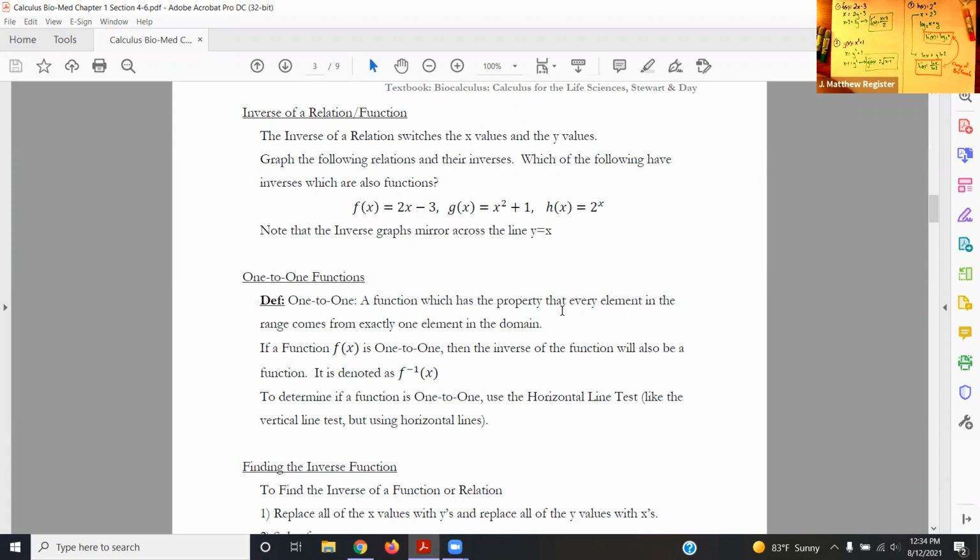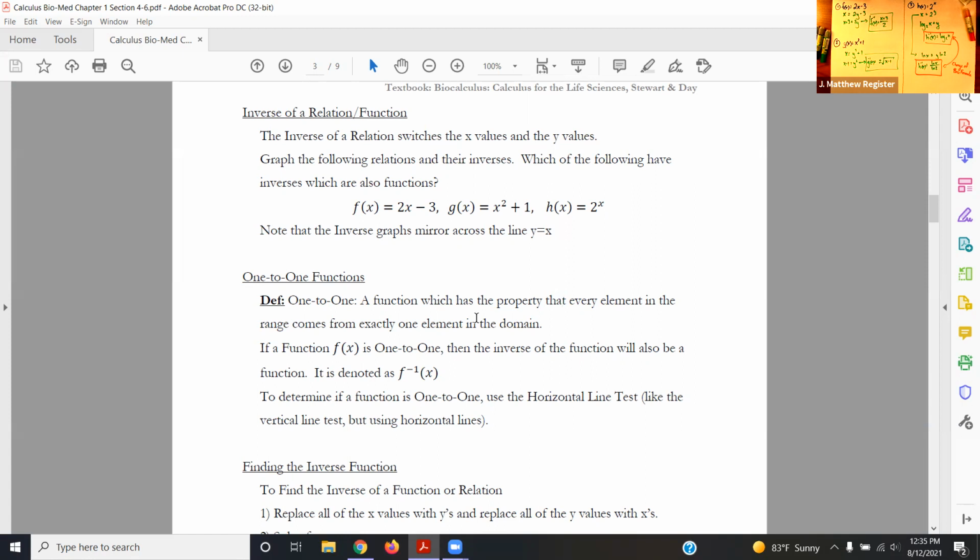This is kind of like the function definition, but flipped. And so this is basically saying that instead of passing a vertical line test, a one-to-one function passes a horizontal line test. And so you can't draw a horizontal line without it crossing 2 or more points. If it does cross 2 or more points, then it is not one-to-one.